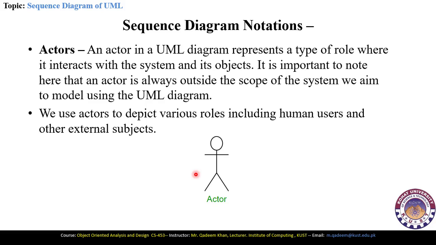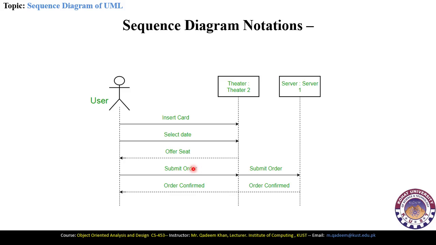For example, a camera acts as an actor that will provide input to the face detection system. So that means that an actor can be hardware or software, or it can be a human or other object as well. You can see here there is an actor which is a user.